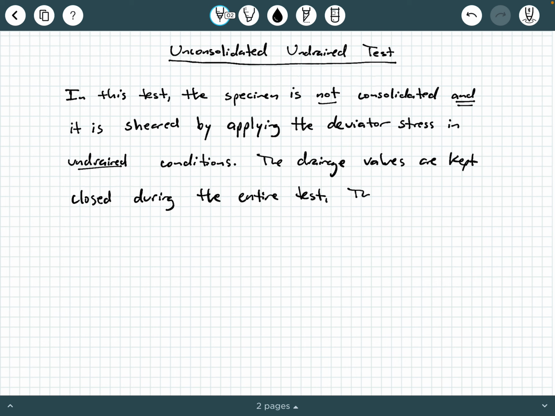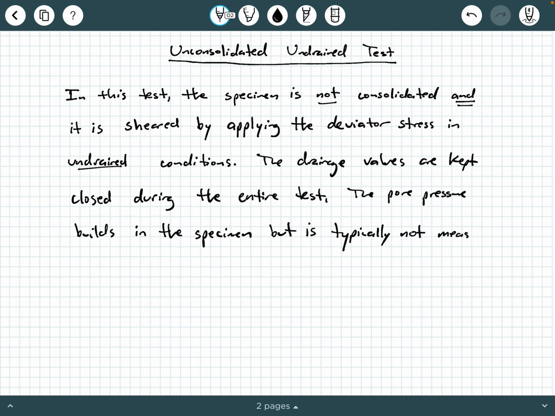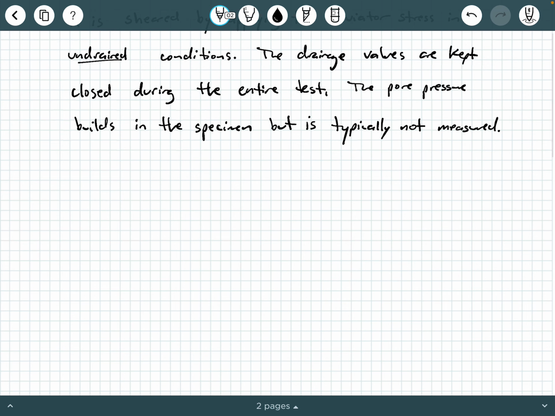So the pore pressure builds in the specimen, but is typically not measured, okay? Now, because of this, what we end up getting is just total stress values, okay?